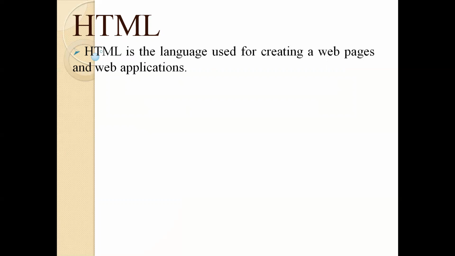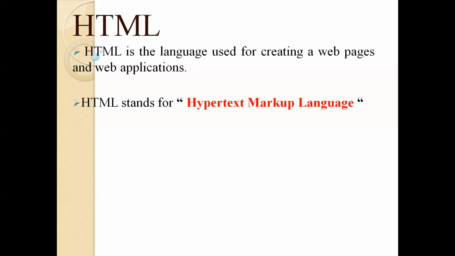So let us look at the full form of HTML. HTML stands for Hypertext Markup Language. Let us have a look at what hypertext means and what the meaning of markup language is.